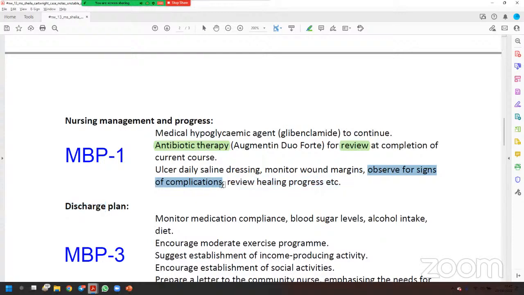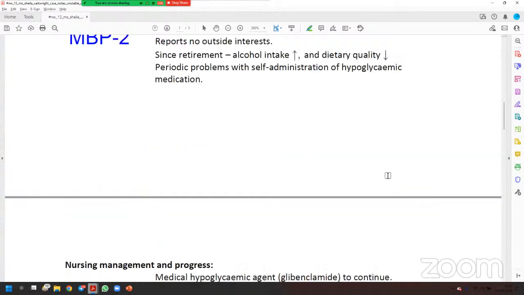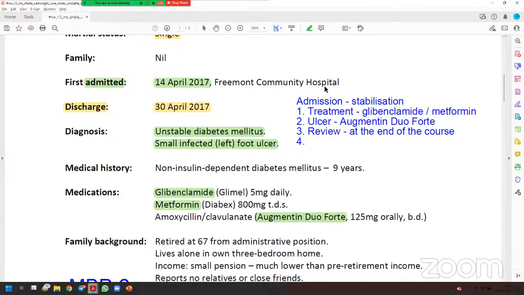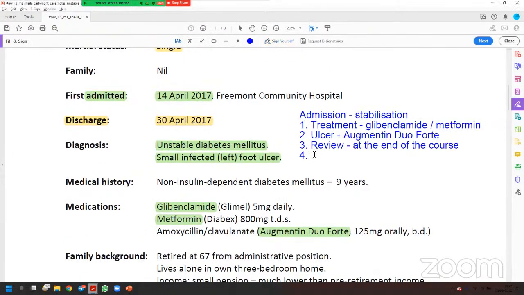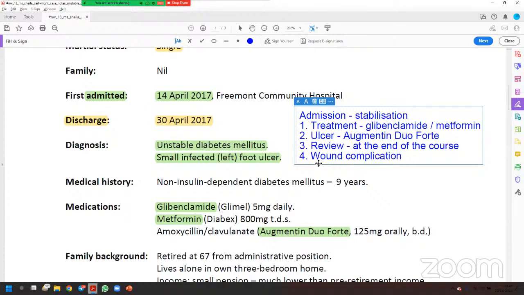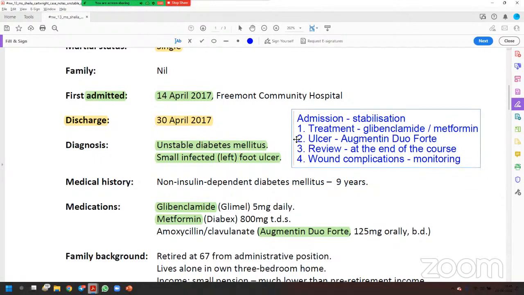So regular monitoring, you can say. Monitoring signs of wound complications. So regular monitoring. So these are the sentences you can write here in the first paragraph. That's it.